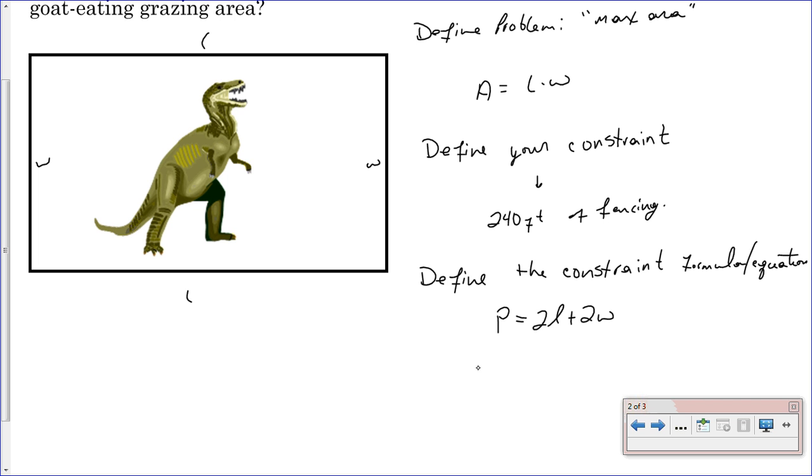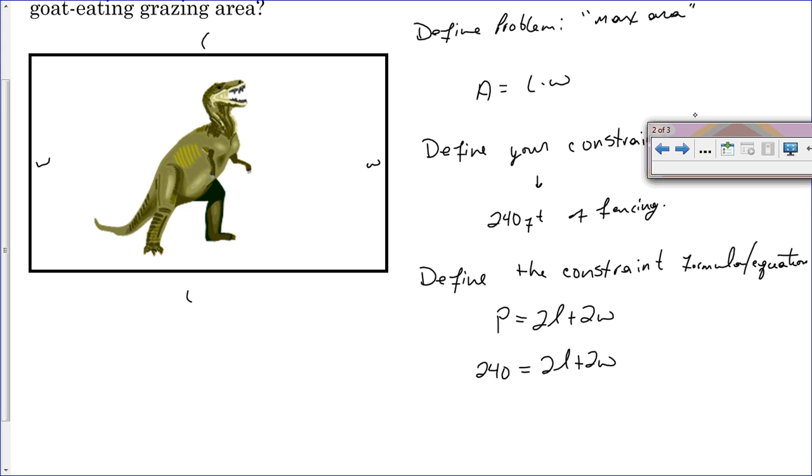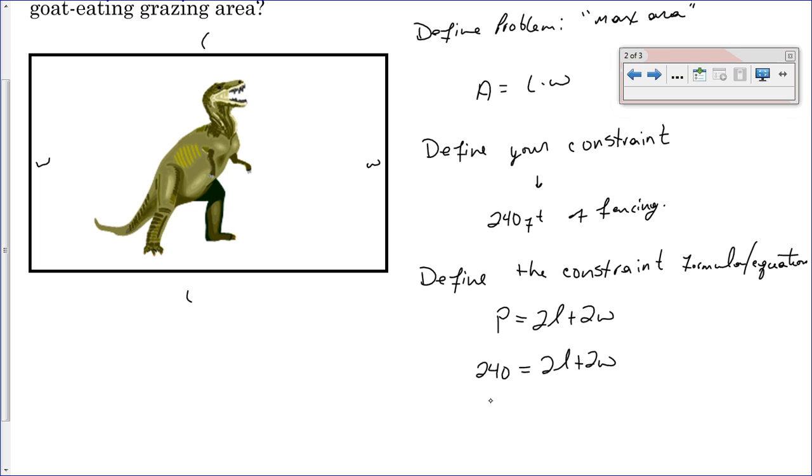We know that perimeter is going to be 240 feet. That's going to equal 2L plus 2W. Well, if we divide everything by 2, we get 120 equals L plus W. That is going to be important. We'll figure this out pretty shortly. So 120 equals L plus W.